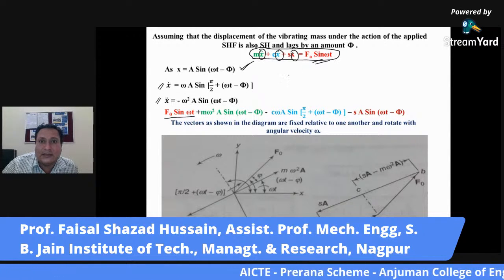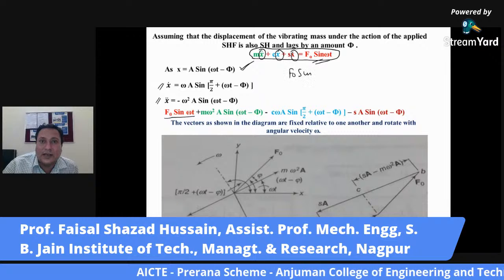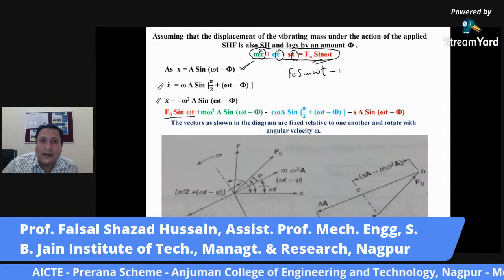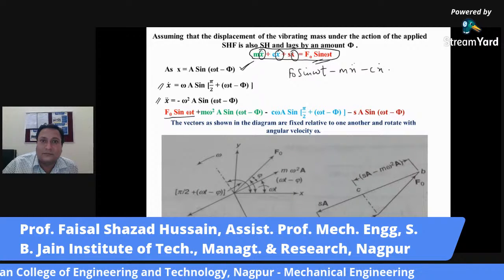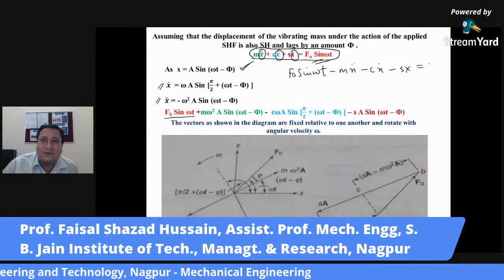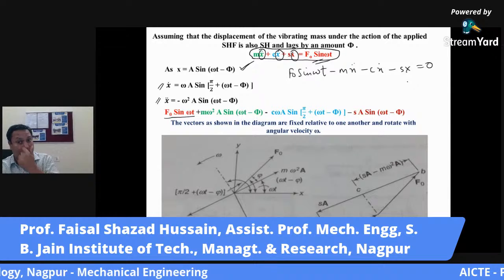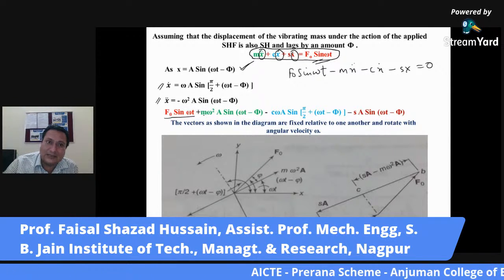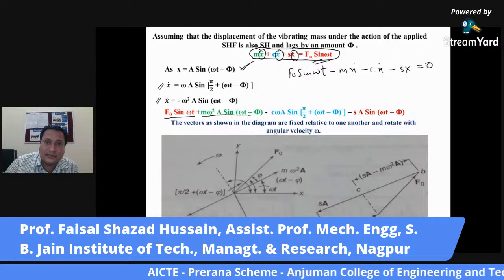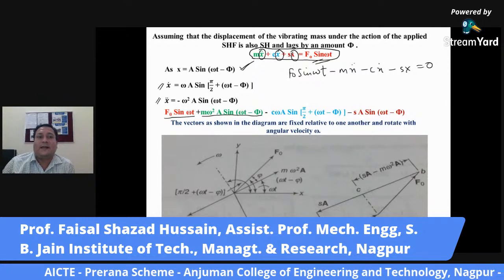If it is transferred here, F0 sine omega t minus m x double dot minus c x dot minus s x will be equal to 0. So minus minus will become plus, and this term will be m omega square A sine omega t minus phi.